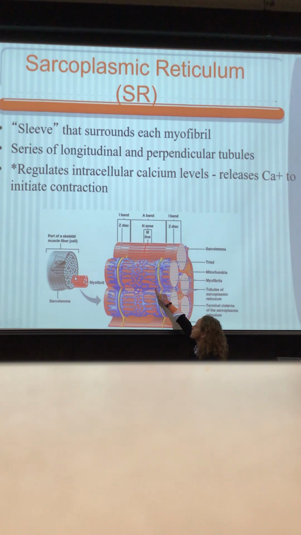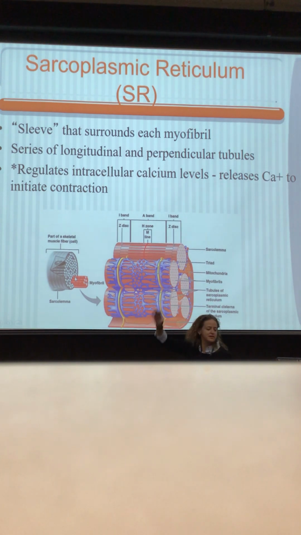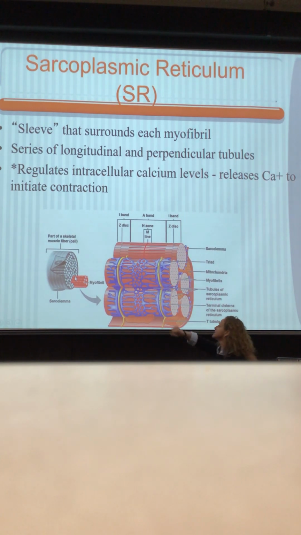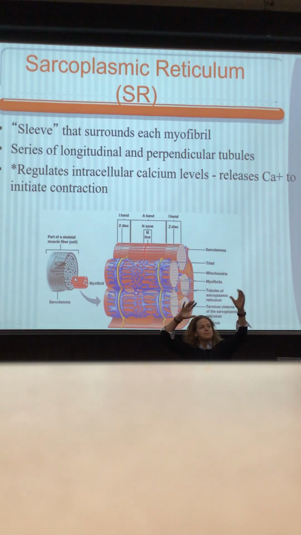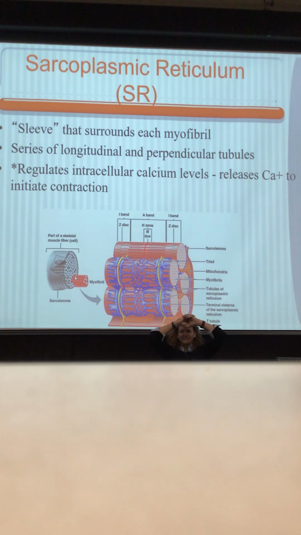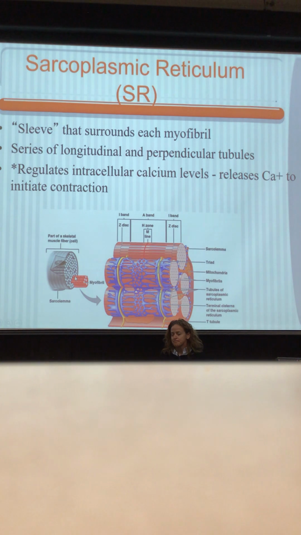It's this bluish purple thing. It's not a complete sleeve. It's kind of porous, like a network of tubes. The important thing is, it's a sleeve that covers the myofibril called the sarcoplasmic reticulum.